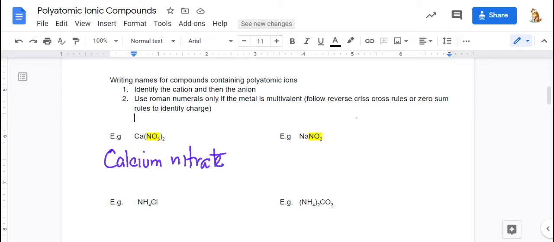For the next example, the polyatomic ion is the NO2. That has one less oxygen than nitrate, so that is sodium nitrite.